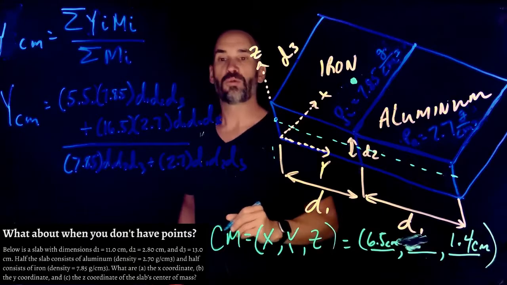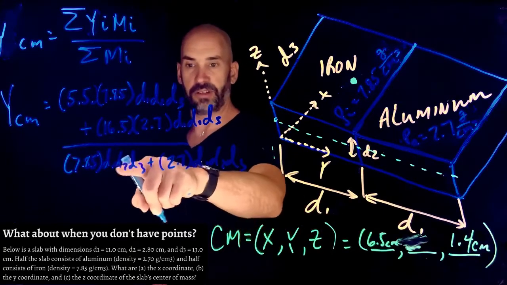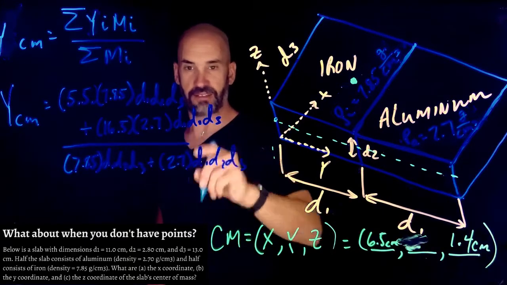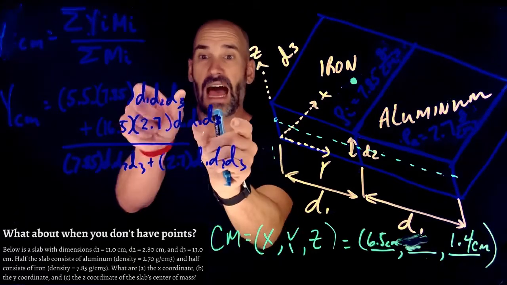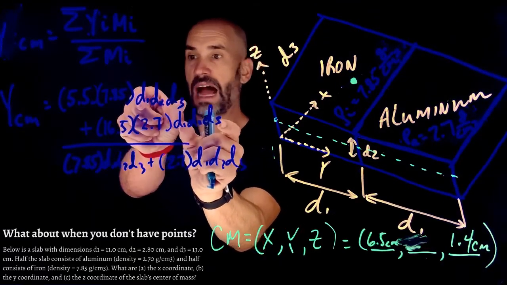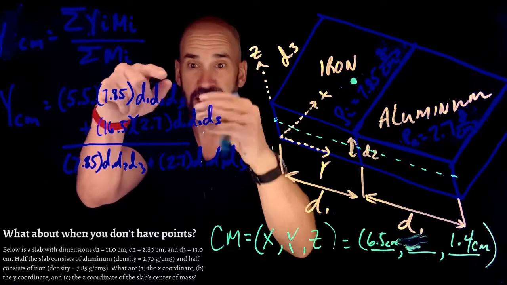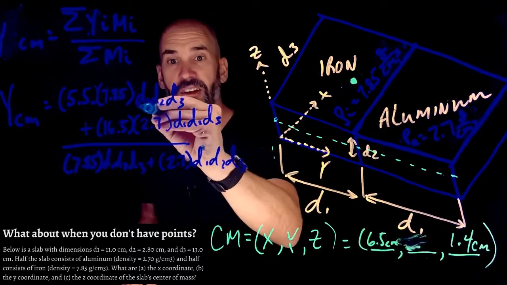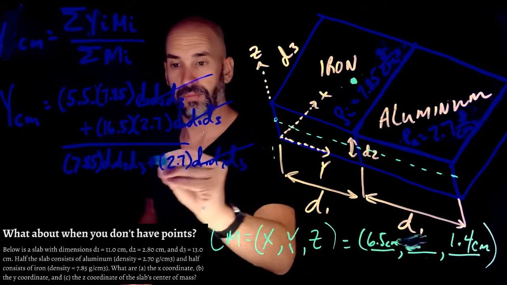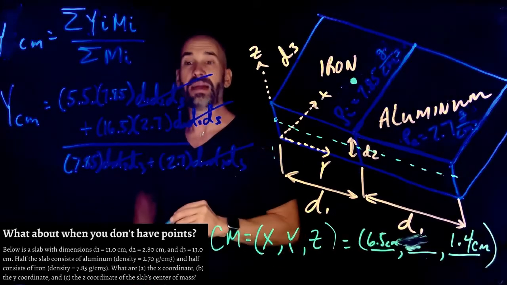Now, this is why I kept these D1, D2, D3s as they are without canceling them. I can pull D1, D2, D3 out of both of these terms, and out of all these terms. You have the same thing in every term, so they're going to cancel out. That makes life much easier.